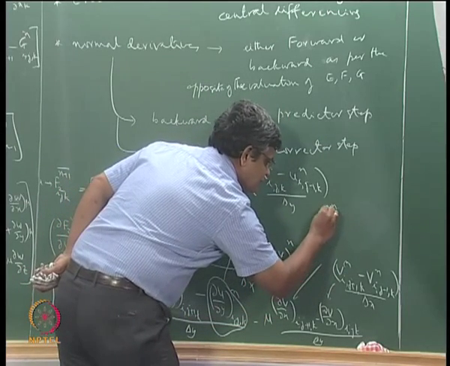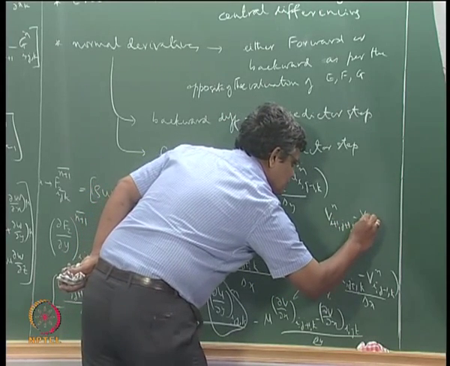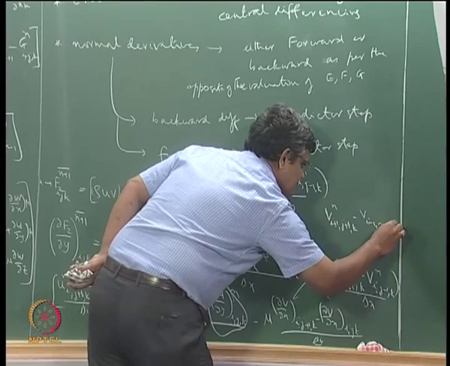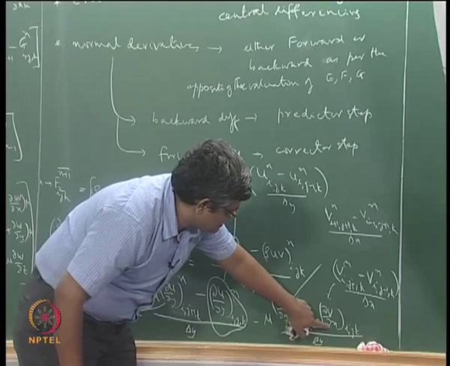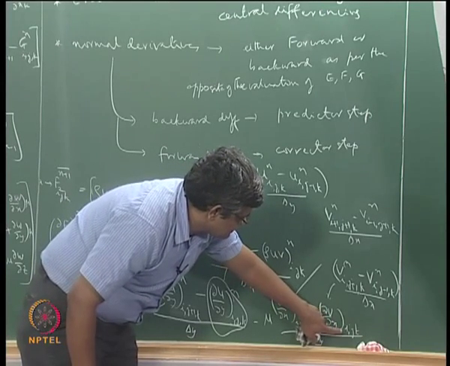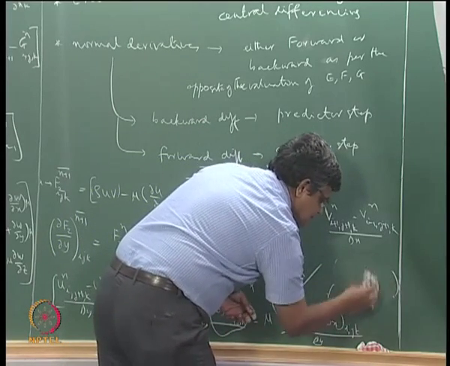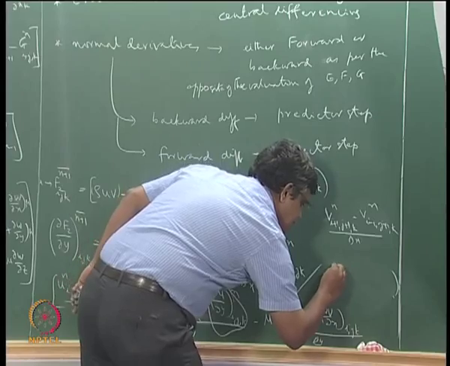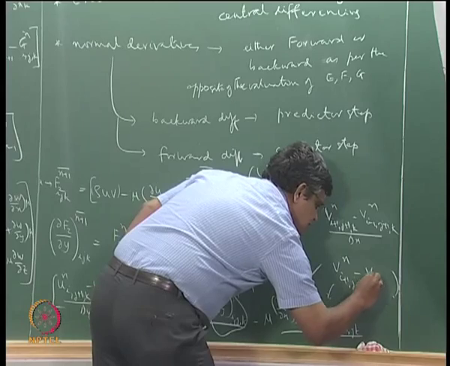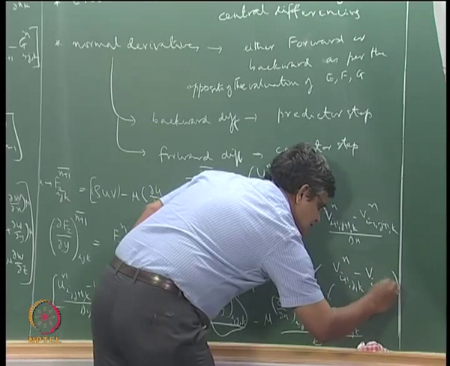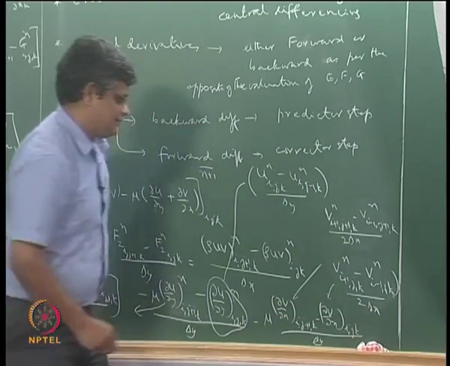So this is v I plus 1 j plus 1 k minus v I minus 1 j plus 1 k by delta x, and again this is dou v by dou x at ijk. So when we apply the central differencing around I here, we will get v I plus 1 j k n minus v I minus 1 j k n divided by 2 delta x, and here also we have 2 delta x.